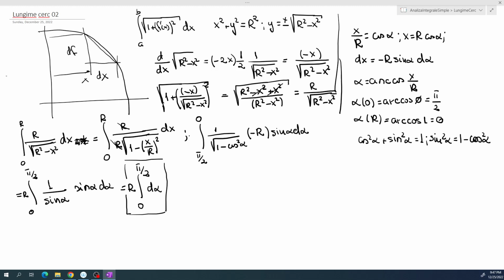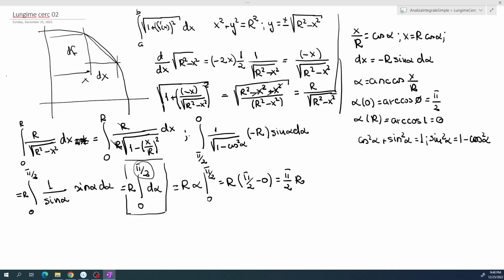And what we see, this is exactly the same as the expression of calculating the length of the circle using polar coordinates, with the exception of the limits of the integral. Because we calculated only a quarter of the circle, this will be equal with r alpha from 0 to pi over 2, equal with r multiplied by pi over 2 minus 0, equal with pi over 2 multiplied by r.